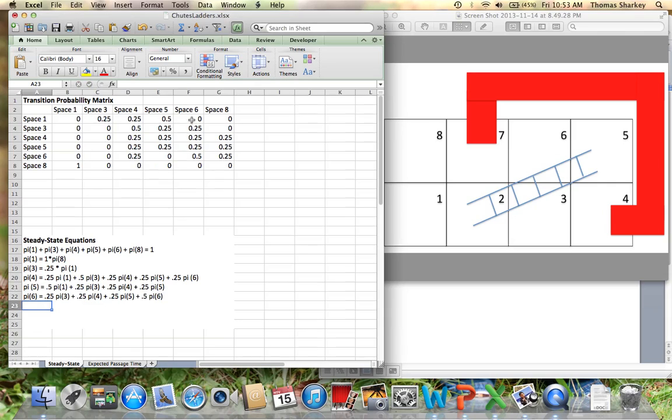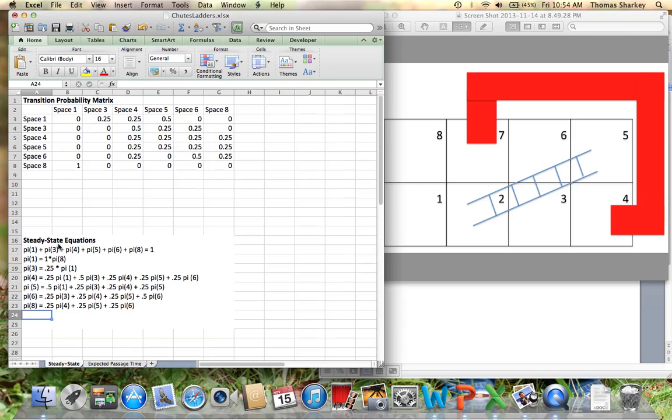Again, all we're doing is taking the entries in the columns and multiplying them by the pi of the row associated with that entry. The last one we need to derive is the equation for pi of 8. So pi of 8 is equal to 0.25 pi of 4 plus 0.25 pi of 5 plus 0.25 pi of 6.